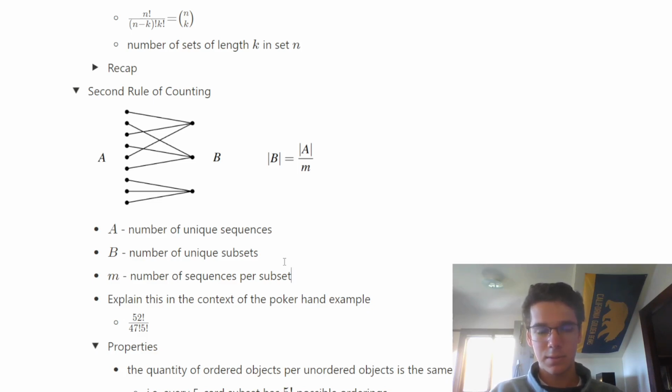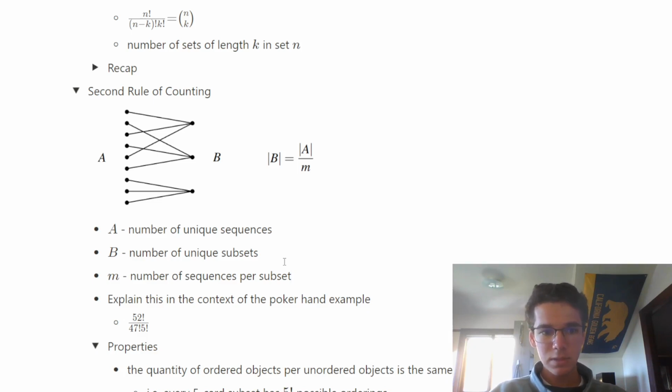So for example, let's say we have a sequence of 5 elements, and then we want all unique subsets of size 3, okay? One subset could be 1, 2, 3. Another subset could be 2, 3, 4, for example.